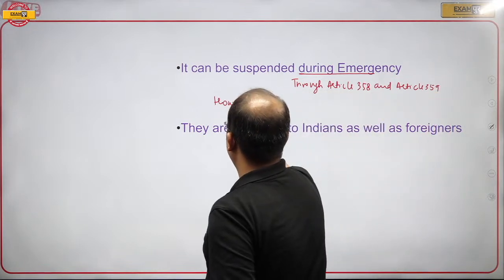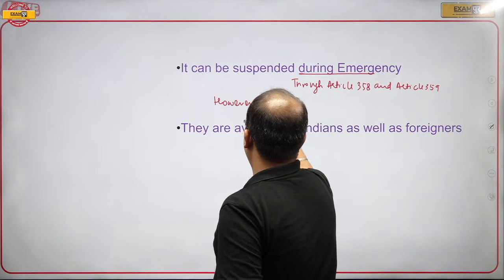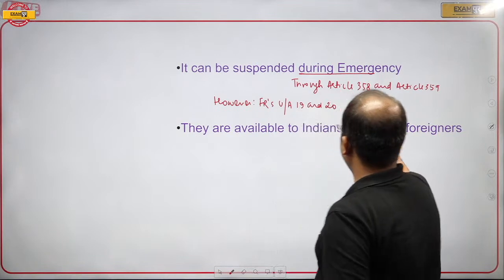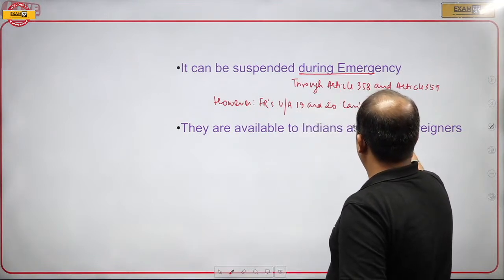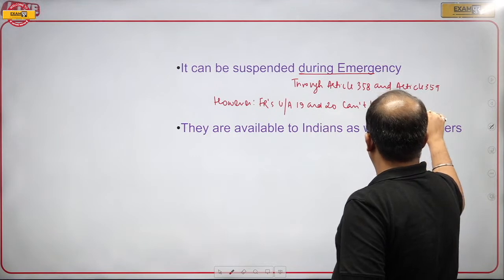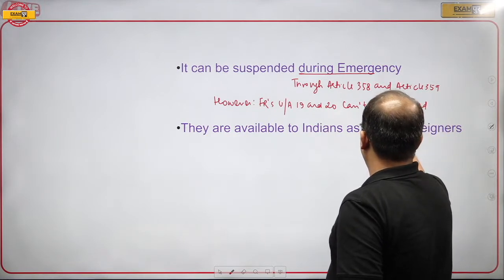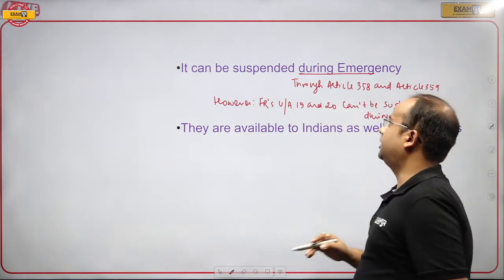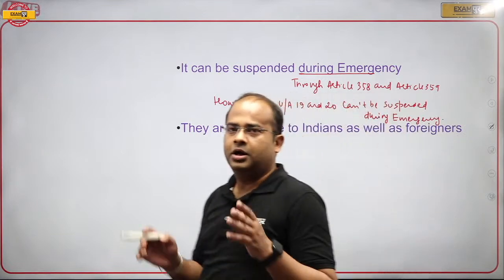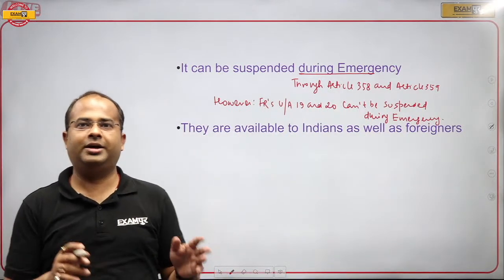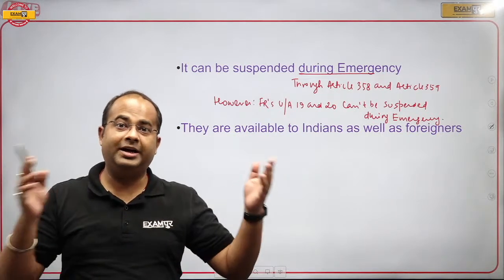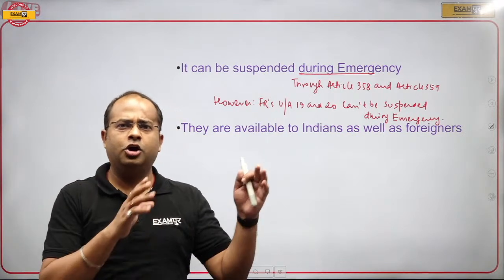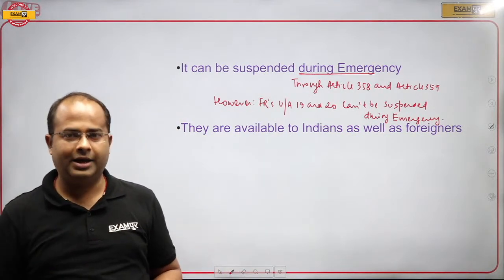However, the fundamental rights under Articles 20 and 21 cannot be suspended even during the time of emergency. But through Articles 358 and 359, you can suspend the other fundamental rights during emergency.